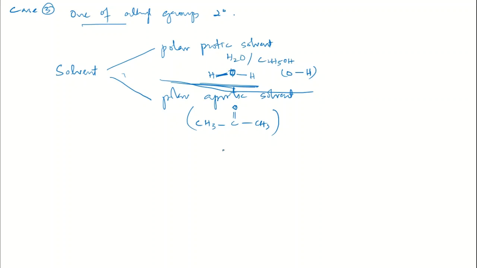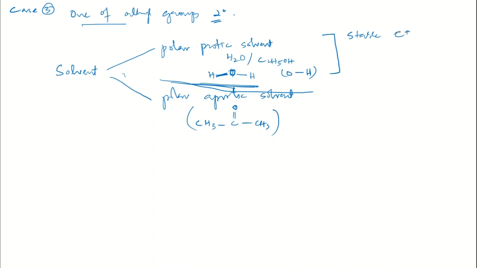If one of the alkyl groups attached to the oxygen of the ether is 2 degree, and the solvent is a polar protic solvent, then we look at the formation of a stable carbocation.